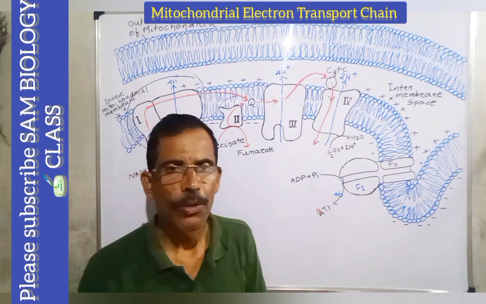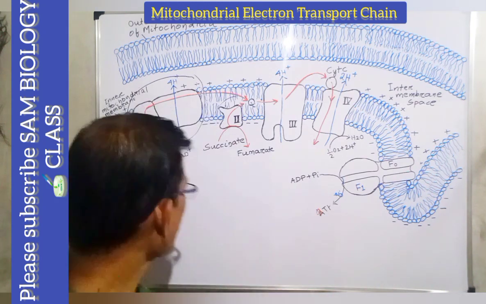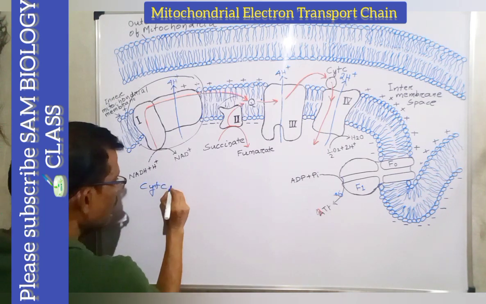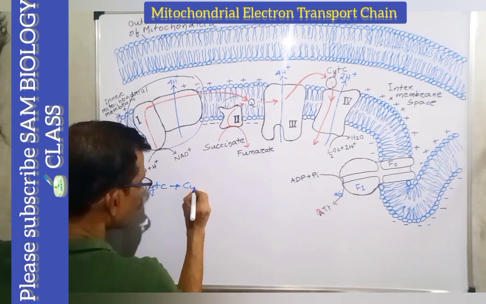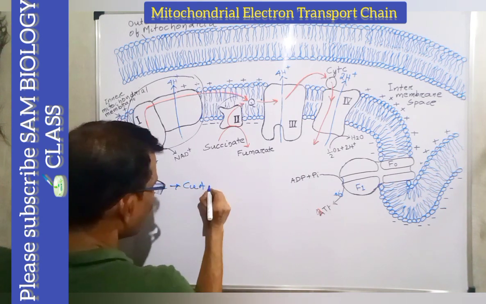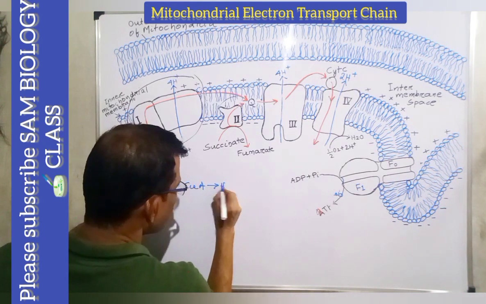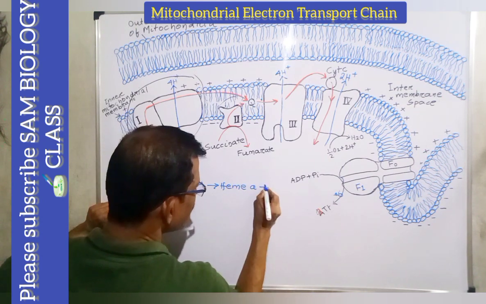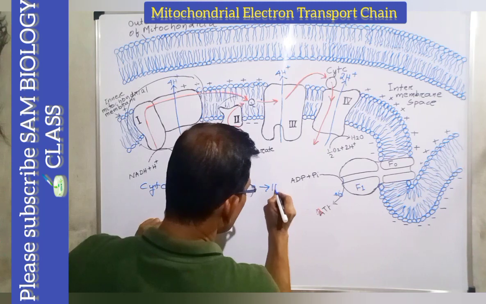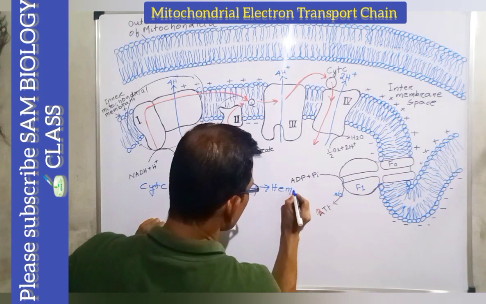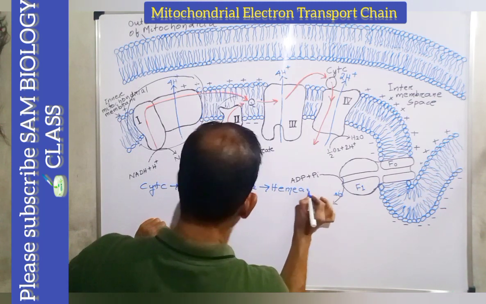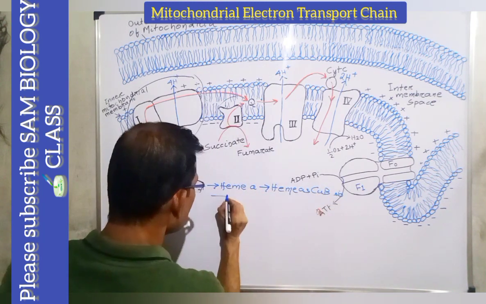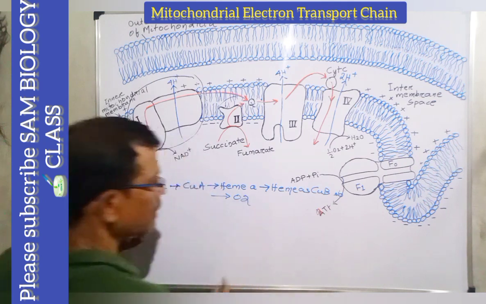Electron transfer through complex 4 is from cytochrome C to copper A center and then to heme a and next to heme a3, copper B center and finally to molecular oxygen.